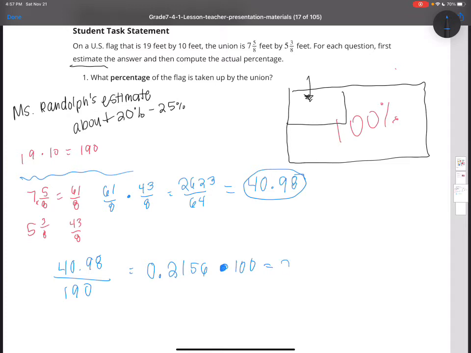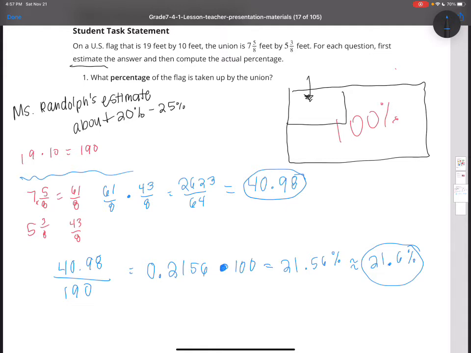So my percentage would be 21 and 56 hundredths percent. If you want to, you could say about 21 and 6 tenths percent, and that's the portion of how much percentage is taken up by the union.